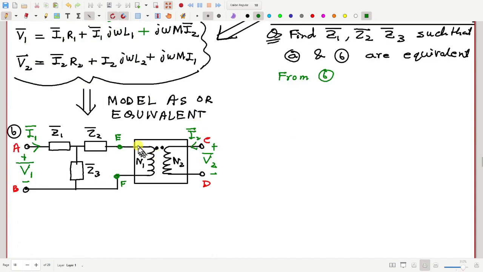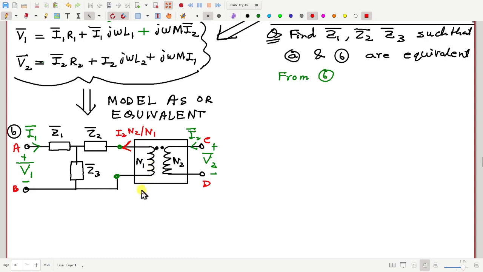Fine. Now consider this ideal transformer part. If this current is I2, how much should be this current? Anyone? This should be I2 N2 divided by N1, correct?